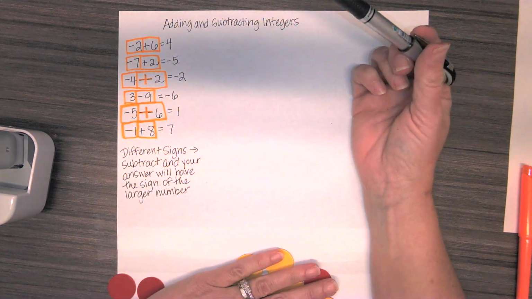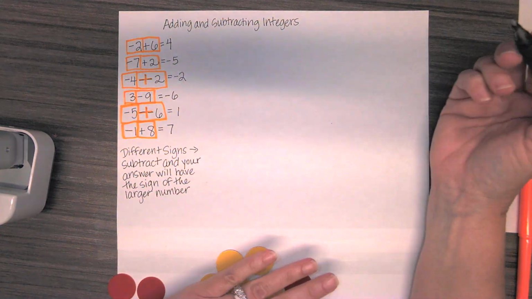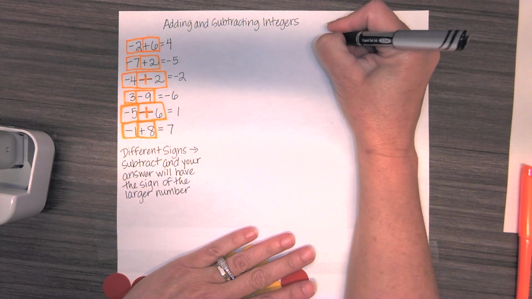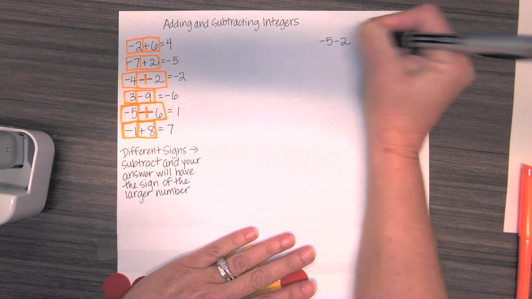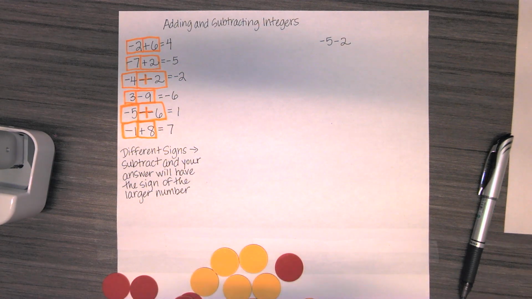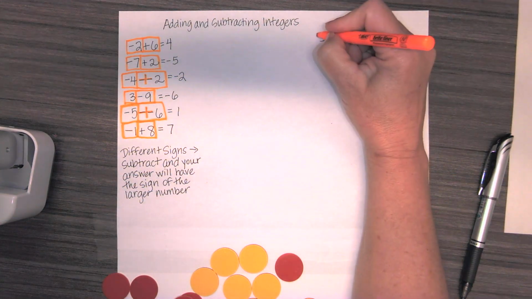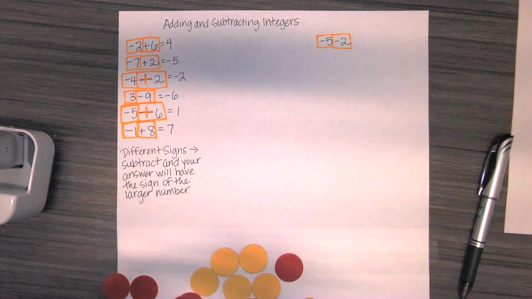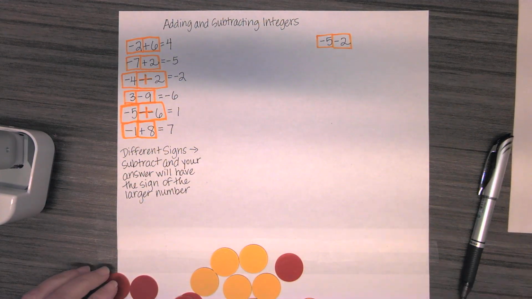All right, now what if we had some like this, like -5 minus 2. Again, I don't want you to worry about thinking of that as -5 minus 2. I want you to think of it as a -5 and a -2. Those are the two things we're combining.